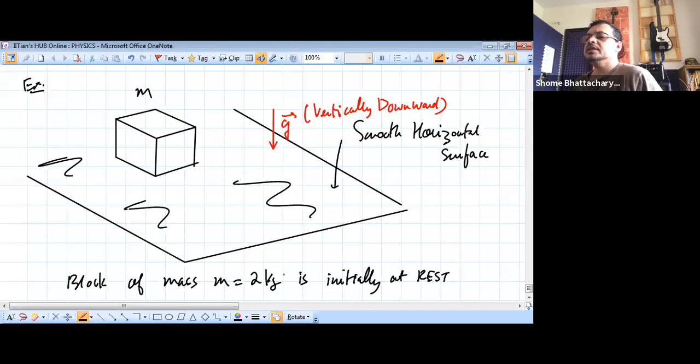Now what happens is that we have two forces which act on it like this, F1 and F2. So let's say two people are pulling the two edges or the two corners like this.